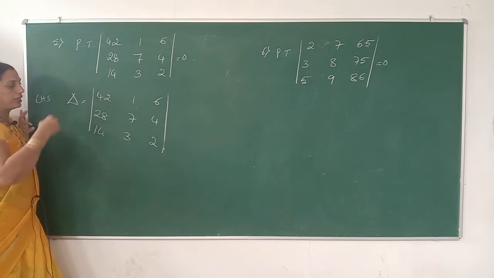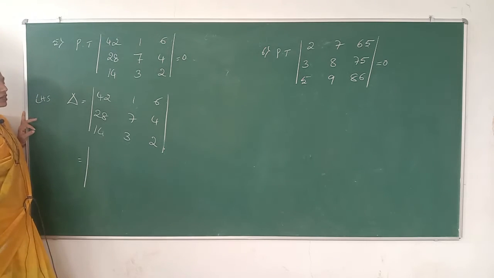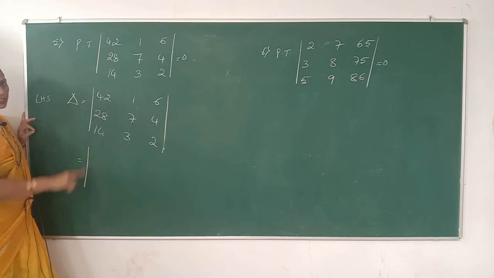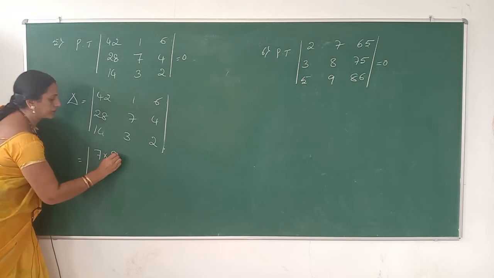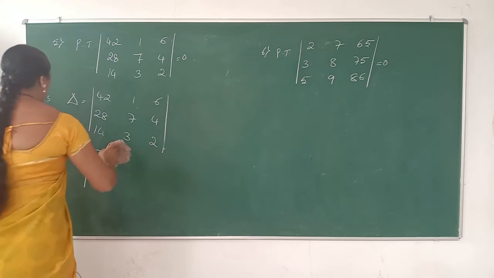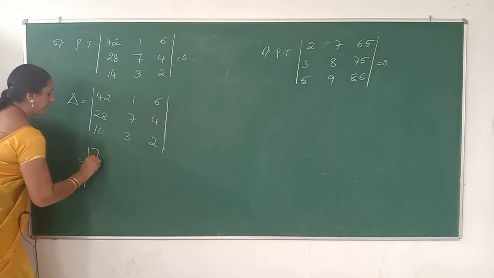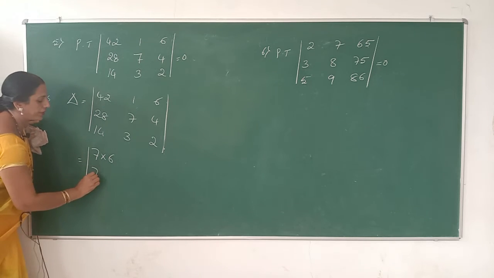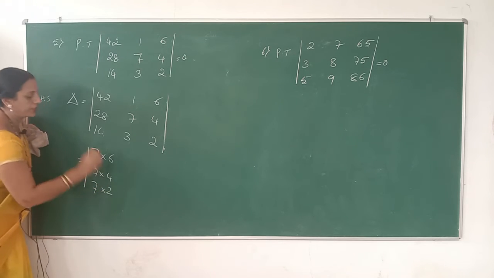Therefore we'll observe the elements of the first column. 42, 28 and 14 are the multiples of 7. Therefore 42 can be written as 7 into 6, 28 can be written as 7 into 4 and 14 can be written as 7 into 2.